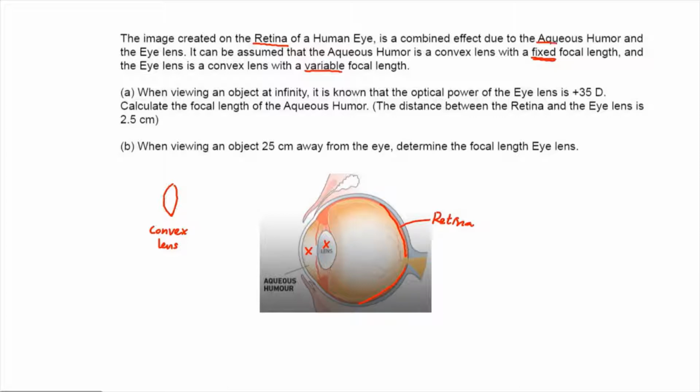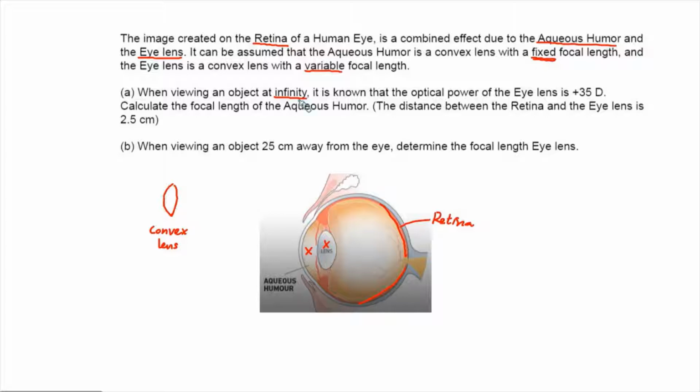So this question, as I mentioned earlier, talks about our human eye and how we can apply the knowledge of optics to delineate this problem. The first part of the question talks about viewing an object at infinity.